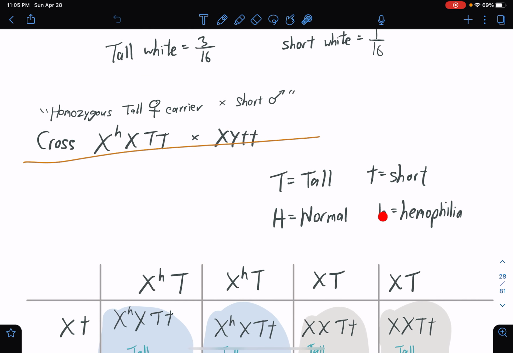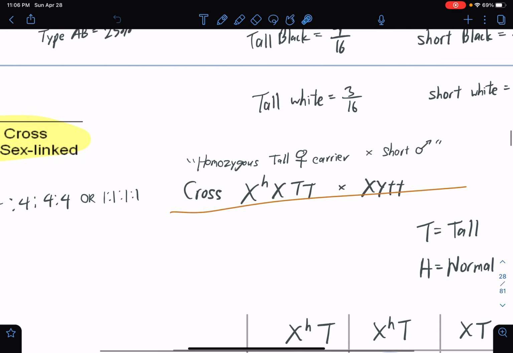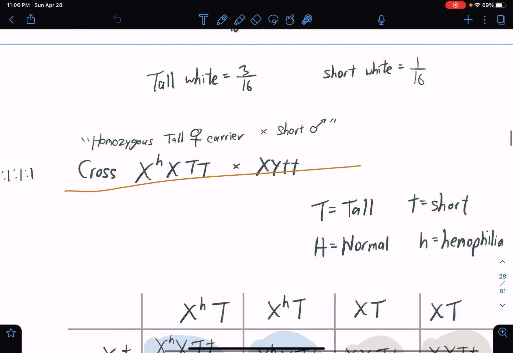That's the reason why hemophilia is designated with the letter small h instead of the big H, because again, the trait is known to be recessive. In terms of height, being tall is the dominant trait and being short is the recessive trait.